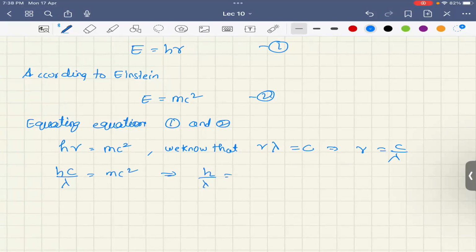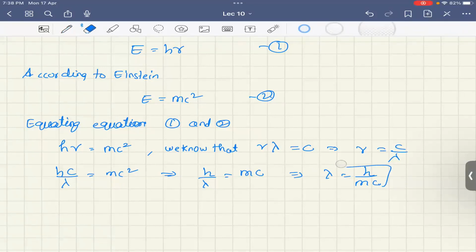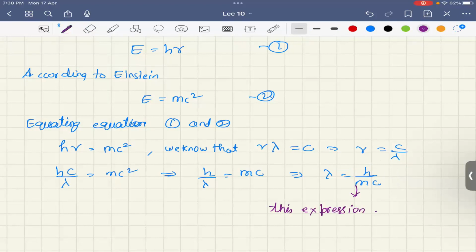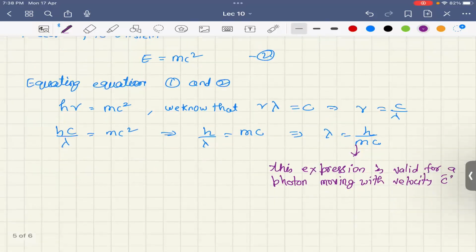That means h by lambda is m into c, which implies lambda is nothing but h by m c, right? This expression is valid for a photon moving with velocity c, which is the speed of light, right?